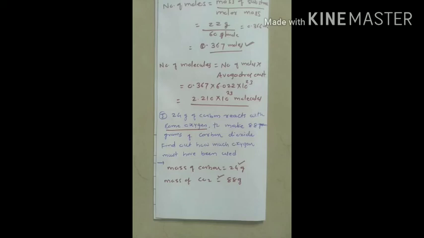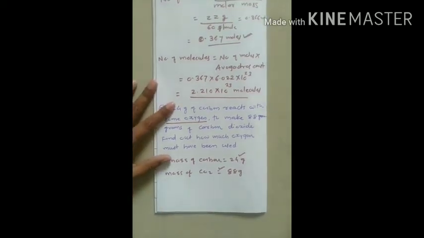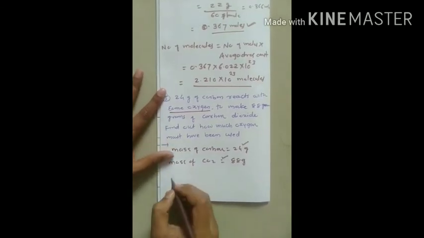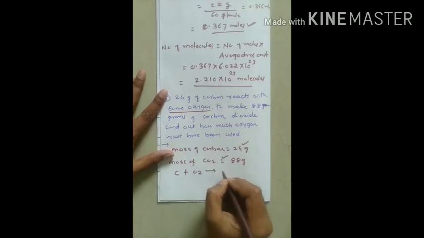As we all know the basic reaction, 12 gram of carbon combines with 32 gram of oxygen to get 44 gram of carbon dioxide. The basic reaction I am writing here: when carbon is added with oxygen, we will get CO2.